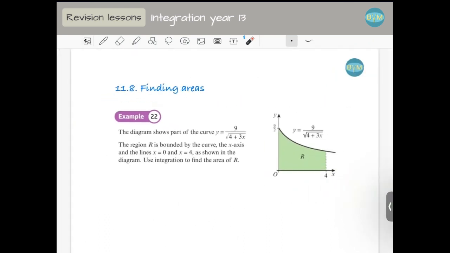So we are going to use integration in many questions to find areas. You did that in year 12, so now it's going to be the same, just we are integrating more complicated functions between two values of x to find the area, like before.